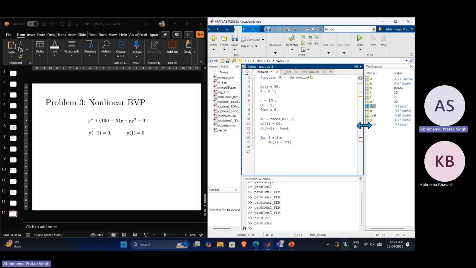2 times Ci square minus 2 times K plus beta multiplied by h square, plus Ci plus 1.